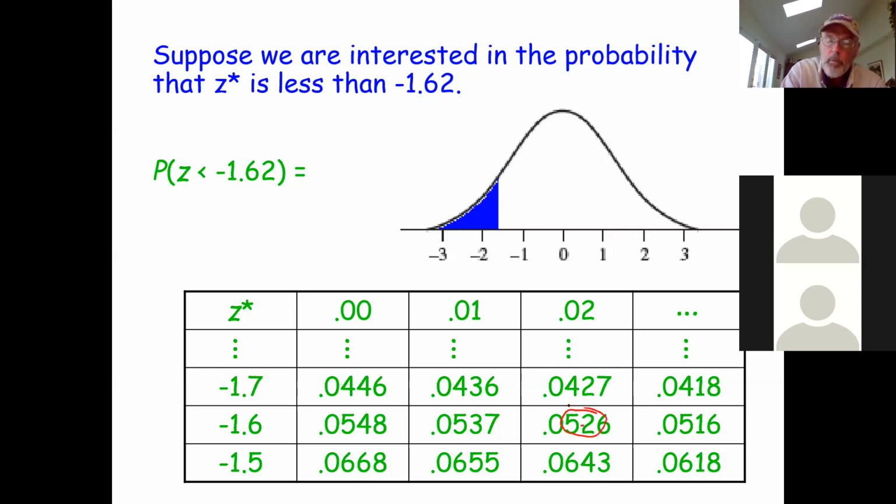This is the value that we're looking for, and that is the probability underneath this blue shaded part of the standard normal distribution. Questions about this?